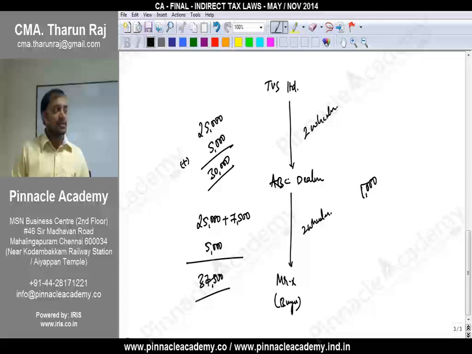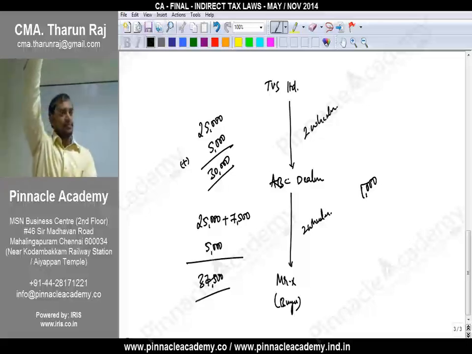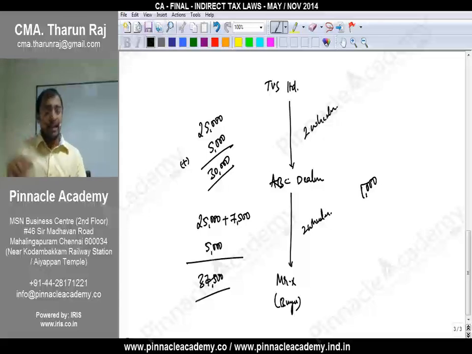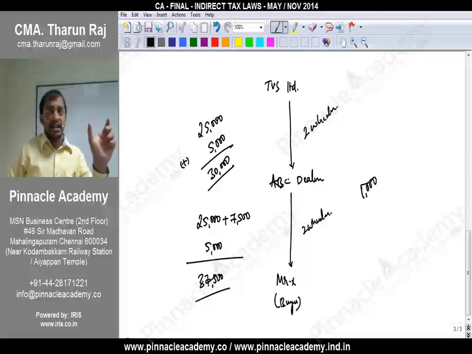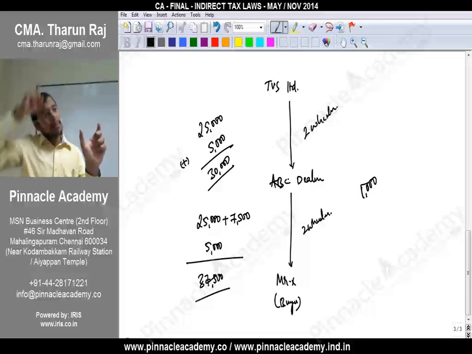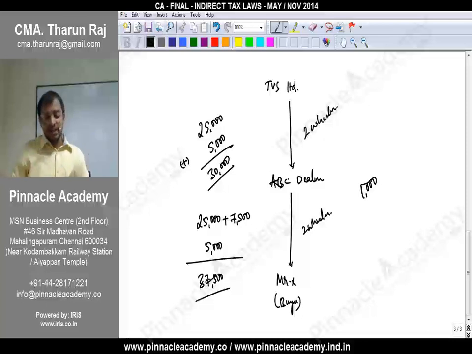Got it? Now, this 1,000 rupees is a reimbursable expenditure to ABC dealers from TVS Motors. Understood? Why? Because that 5,000 rupees is towards what? Warranty charges, and it is paid to the manufacturer. The entire amount is paid to the manufacturer. I am doing the service, the amount is 1,000 rupees, and this is the proof.